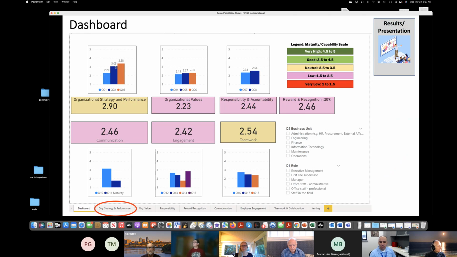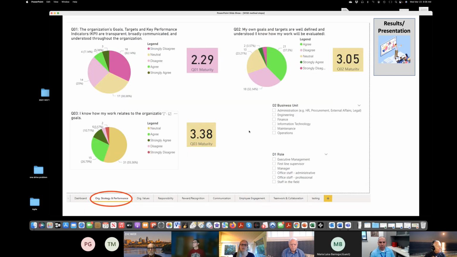Each one of these things, let's say organizational strategy and performance, has 3 questions, and these are the results. This is the legend for what the colors mean, what range you are in. So this is the dashboard overall of where we are with these different aspects. And then you could dig into, let's say, organizational strategy and performance specifically, and see what the questions are.